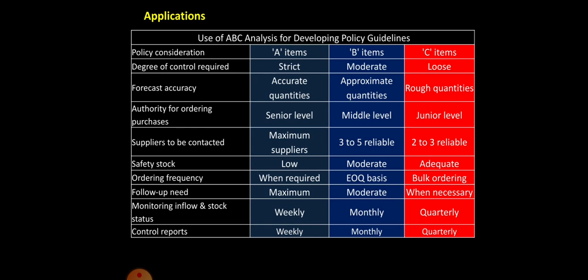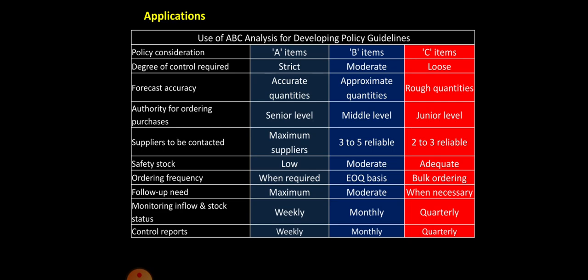The ABC analysis can assist in developing policy guidelines for exercising selective control on material supplies, which you can see in the tabular form which is given. Now if you see here, the degree of control required in case of A classification is very strict control, whereas in B it is moderate and in C it is loose.